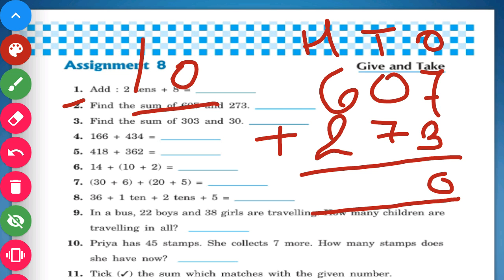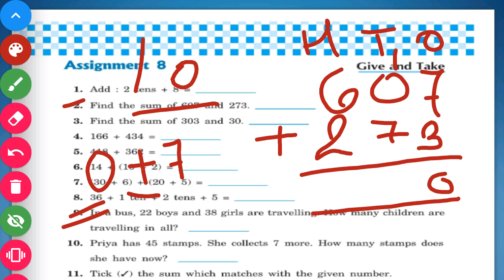And we will put a carry here. At tens place we are having 0 and 7. So 0 plus 7. We have read in properties of addition that any number that we add to 0, we will get the sum as the number itself.